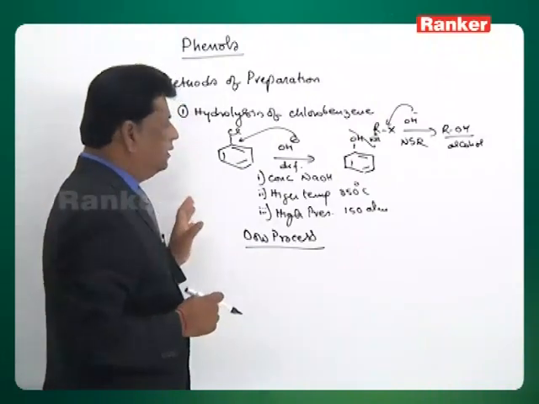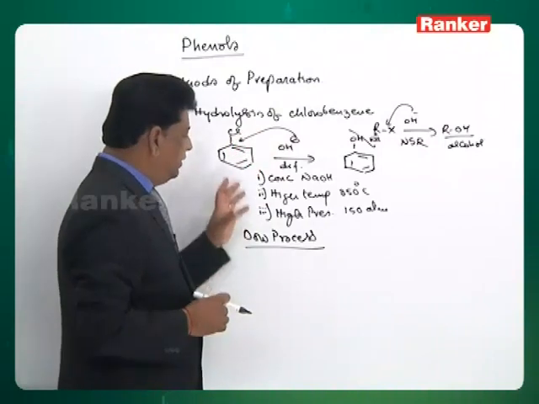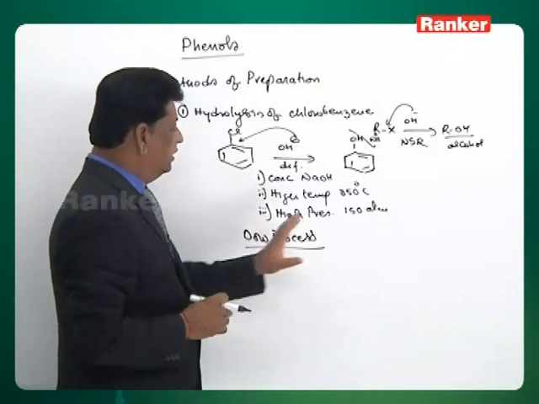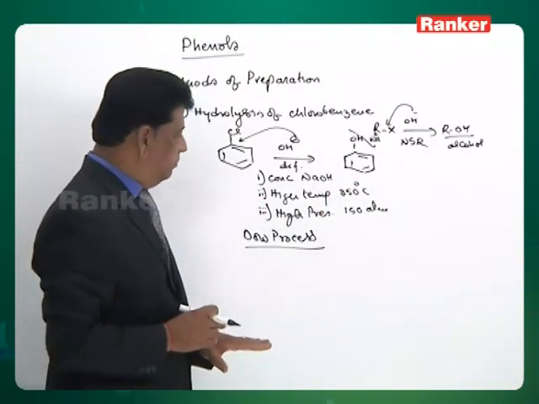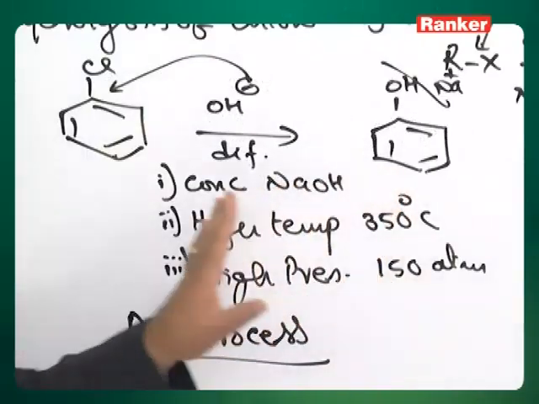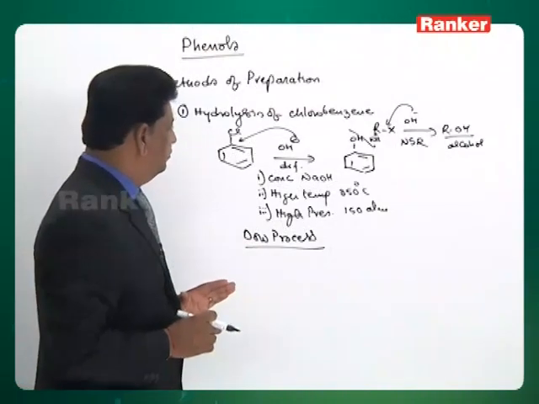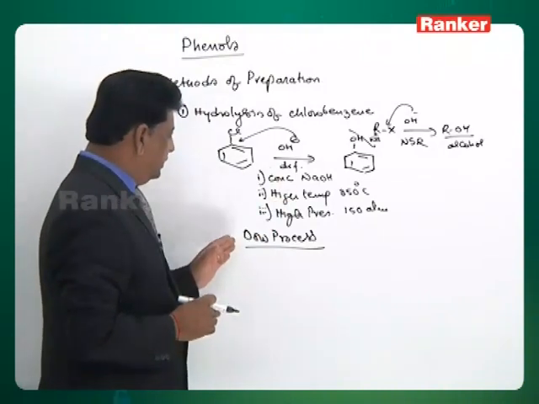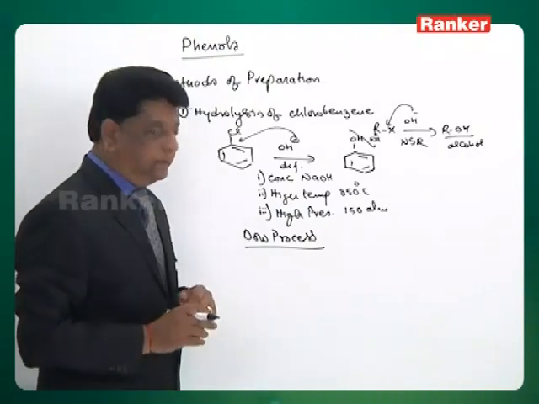Conceptually it is difficult, but industrially it is possible by going for high concentration, high temperature and high pressure. You need not mention the exact conditions, it is a patent actually. An impossible reaction made possible, and it is a known name reaction called the Dow process.